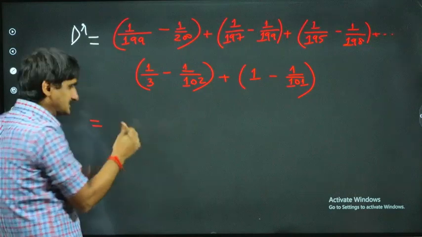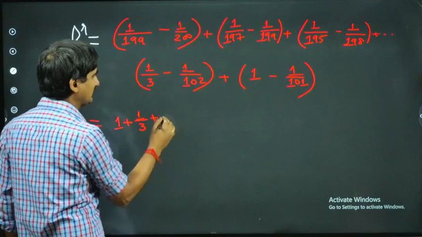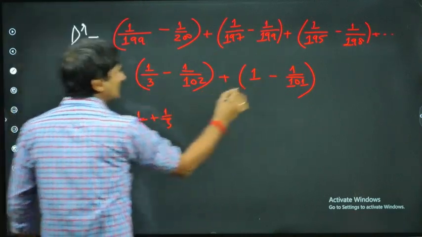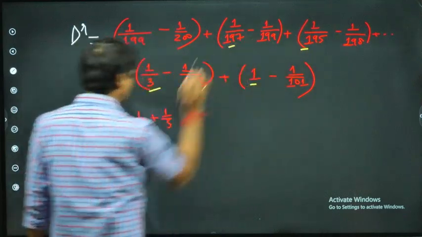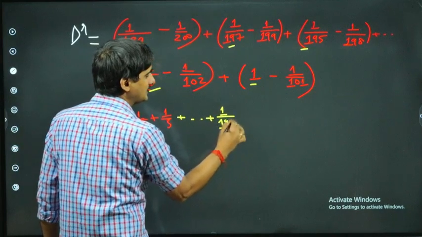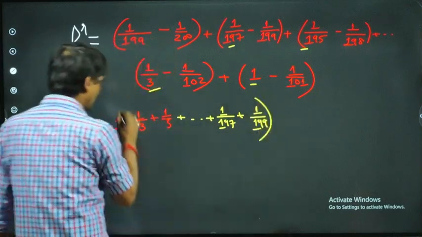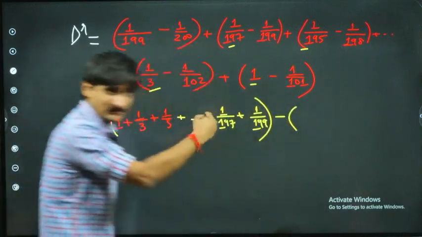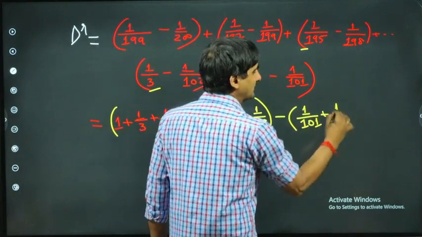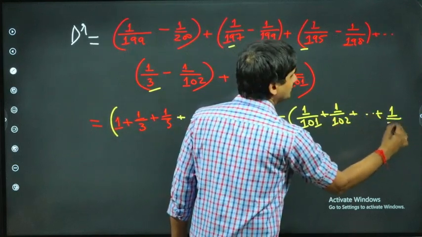Let's collect first all the positive terms. I will write it in the form of a sequence: 1 plus 1 by 3 plus 1 by 5, these terms. So I am collecting these with positive sign. Then they are all negative, so 1 upon 197 plus 1 upon 199, minus the rest of the terms which start with 101, so 1 upon 101 plus 1 upon 102 and till 1 upon 200.